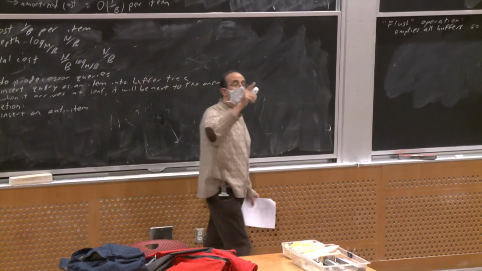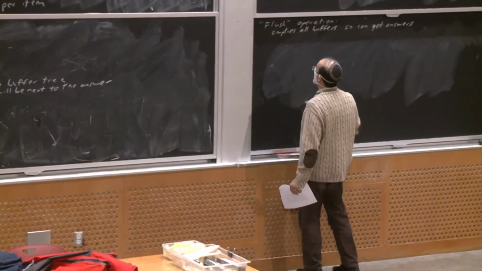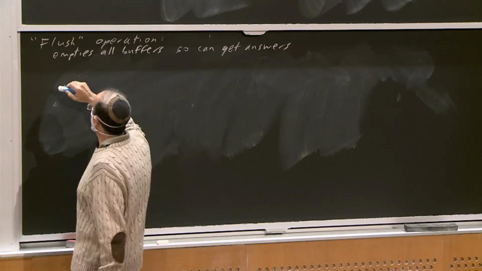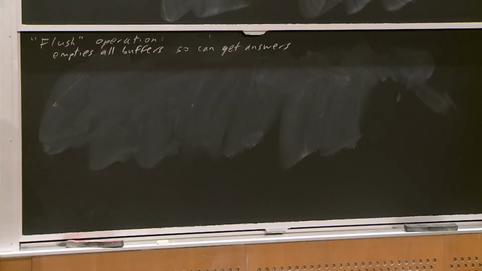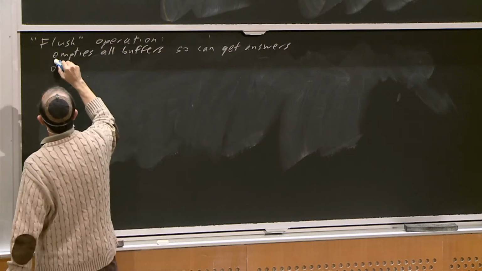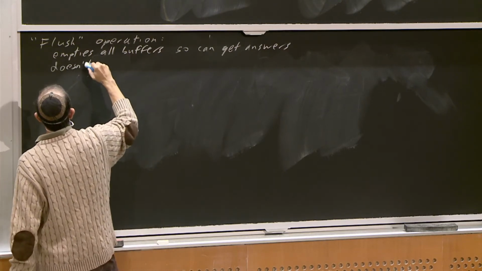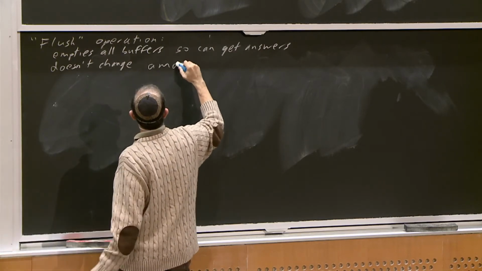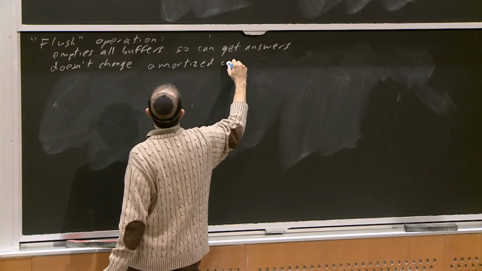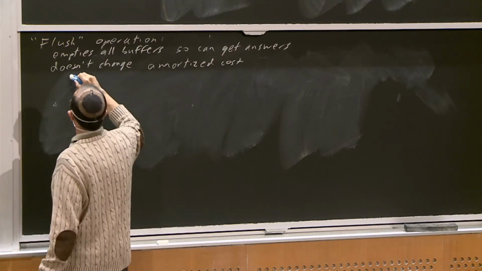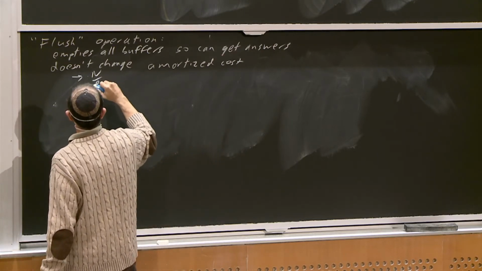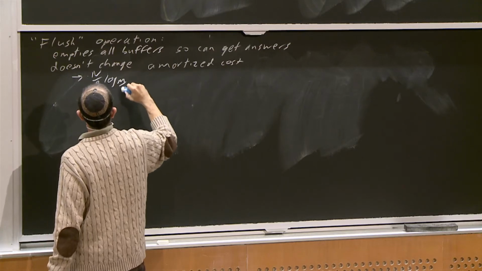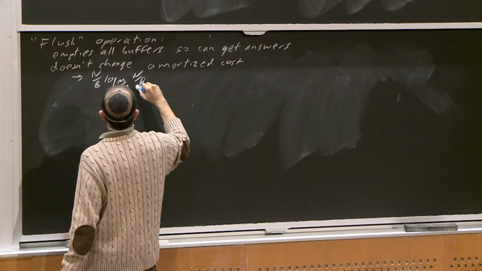Okay, and sorry, there's one other thing I want to get to, so I will leave it to you to fill in the details, which is essentially performing this analysis again to say that this doesn't change the amortized cost. It still turns out to be n over b log base m over b of n over b.